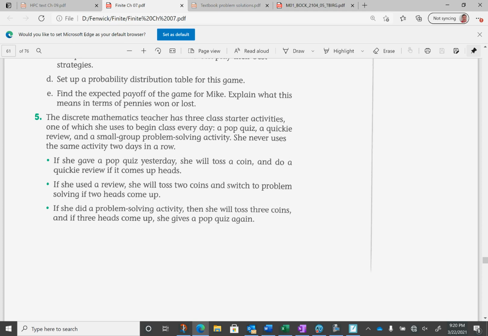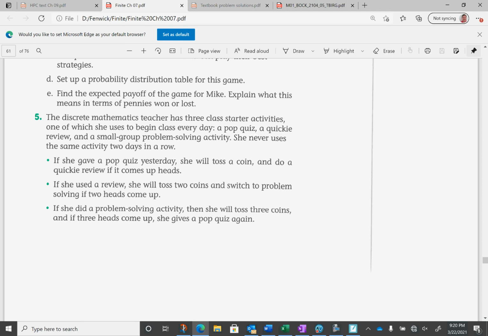If she gave a pop quiz yesterday, she's going to toss a coin, and if it comes up heads, then do the review. Again, the implication here is if it comes up tails, then we do the small group problem solving activity.